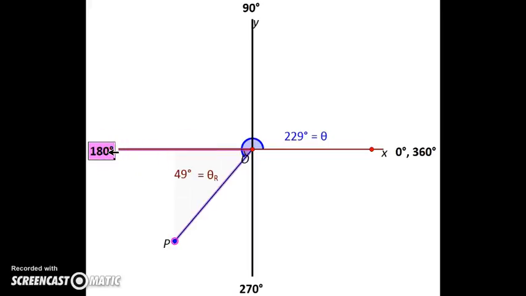We have rotated 49 degrees past that. So it makes sense to say that 180 plus the 49 gives us the 229 standard position angle. To summarize that, in quadrant number 3, our standard position angle is always equal to 180 degrees plus the reference for the angle.